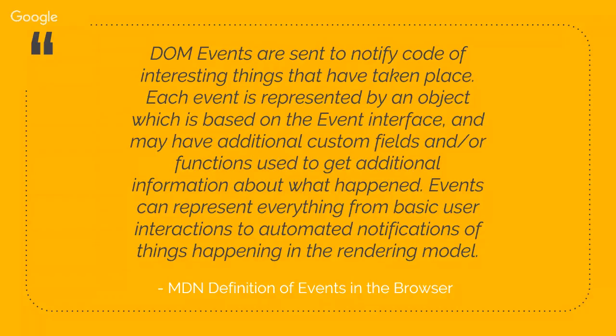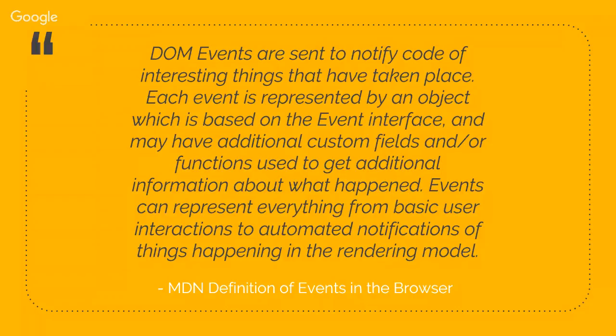And the sub-interface, so the child interface, specifies what methods and properties come with this specific event object, additional to the ones that the event interface gave it. So we have separate interfaces for keyboard events, for mouse events, for scroll events, everything has its own interface.